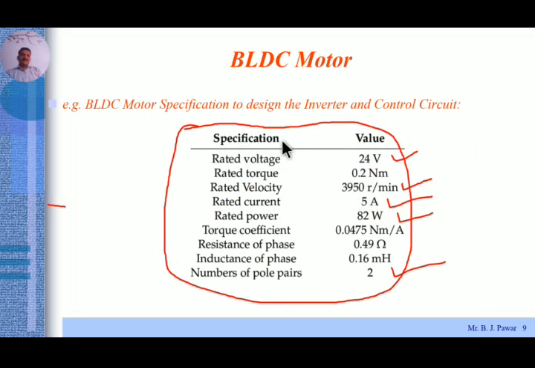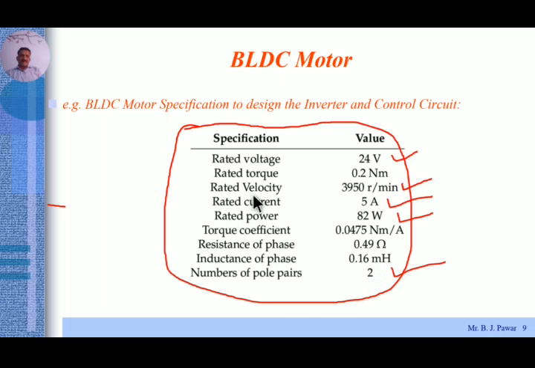That's why I have taken all these specifications here for the discussion. Then rated power, that is 82 watt, means the motor is going to consume a total DC power of 82 watts. And I already told the number of pole pairs is 2, that means minimum 2 PWM we will require while selecting the controller to generate the PWMs, is it?